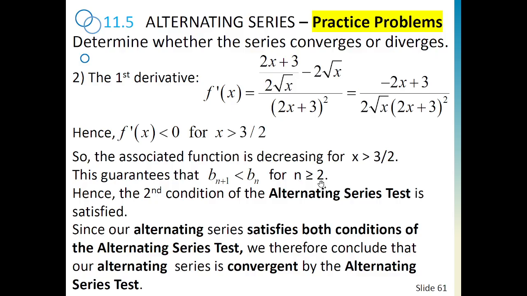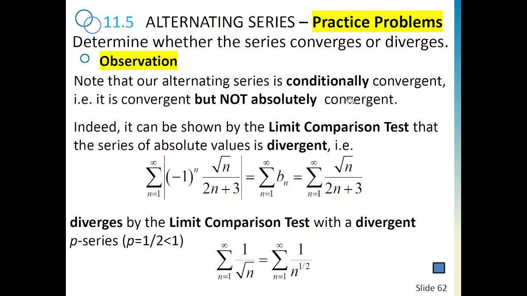So that's good. The second condition for the alternating series test is satisfied, and we can now apply the alternating series test and conclude that our alternating series here is convergent. However, if we would like to check if it is absolutely convergent, we need to see what's happening with the series of absolute values.